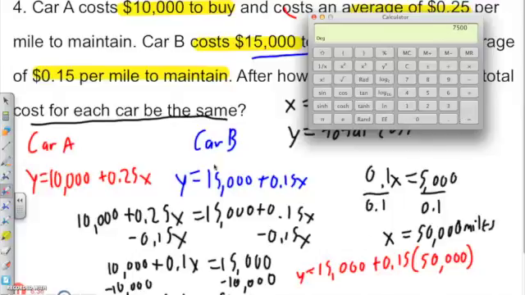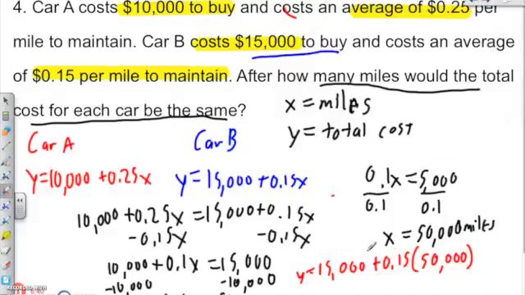That's going to give us 7,500. And we're going to add that to the $15,000 that was already here. And we're going to figure out that the cost is going to be $22,500.